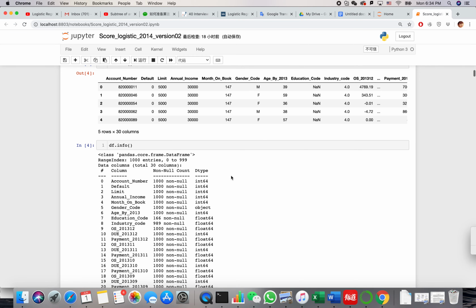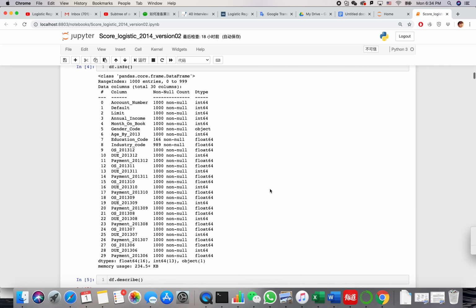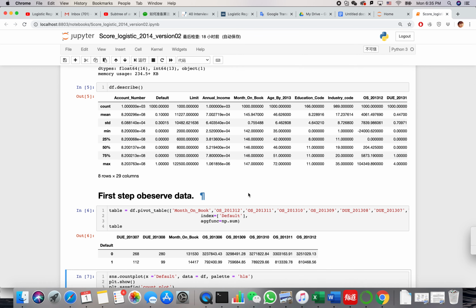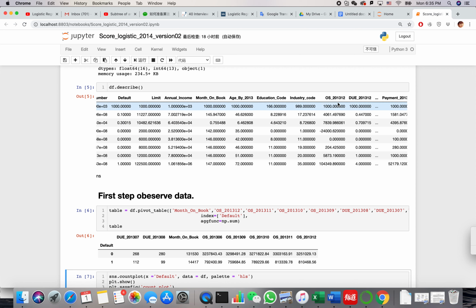We can check every column and row, and this is the general overview of our data. We can see the mean limit is 2,000, and for outstanding we have negative numbers and zeros.